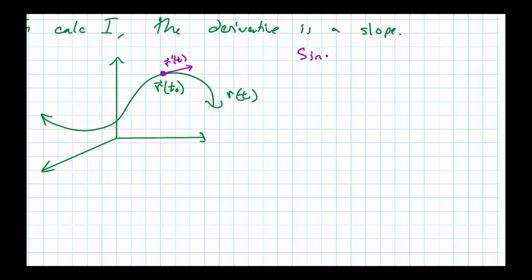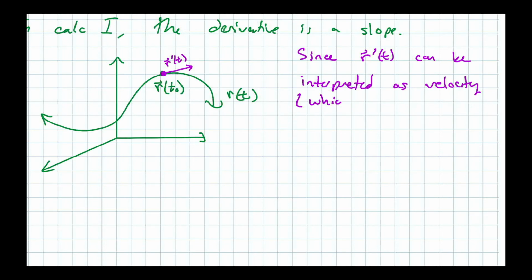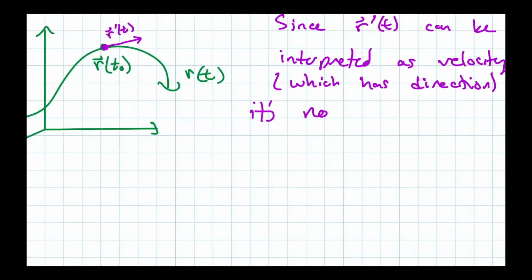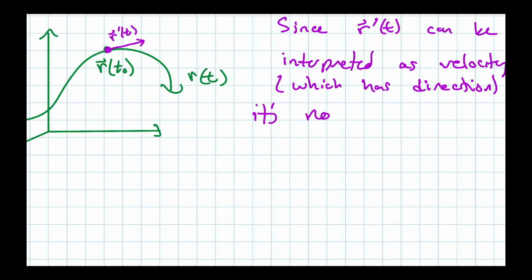So your velocity points in that direction. So since r prime can be interpreted as a velocity, which has direction, it's not surprising that the direction of r prime is the direction that the curve was traveling, tangent.